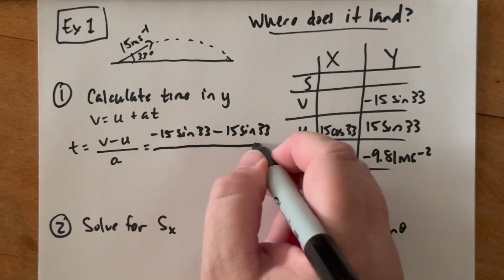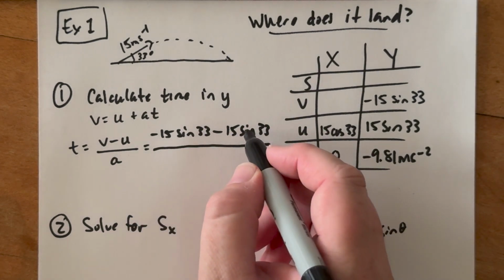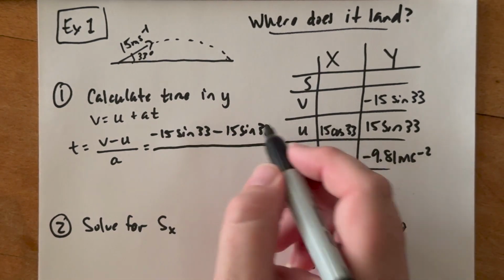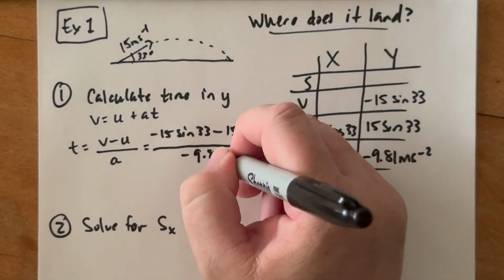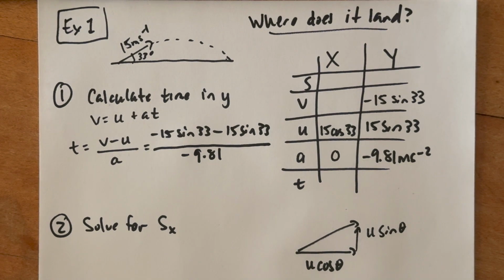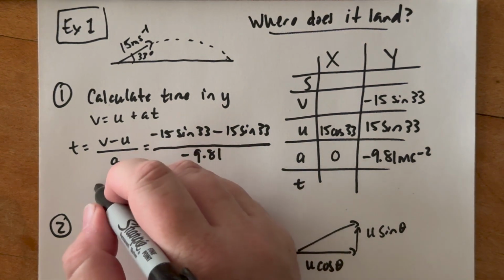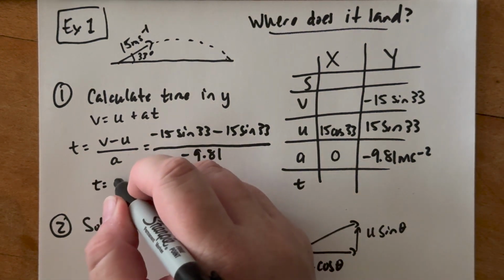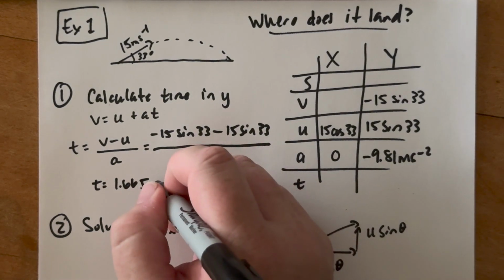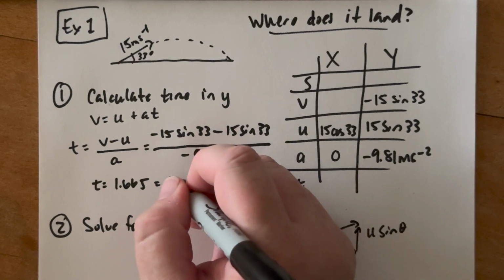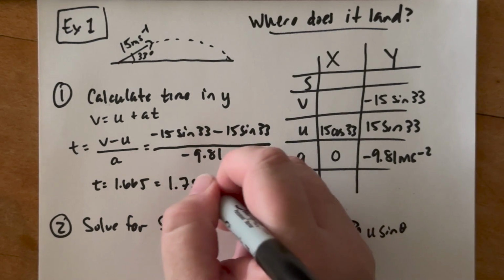That does not cancel. You're taking a negative minus a positive, so it'll be double that, divided by negative 9.81 meters per second squared. When you calculate that, you get a time of 1.665 and a bunch of other decimals. We'll put that at 2 sig figs: 1.7 seconds.